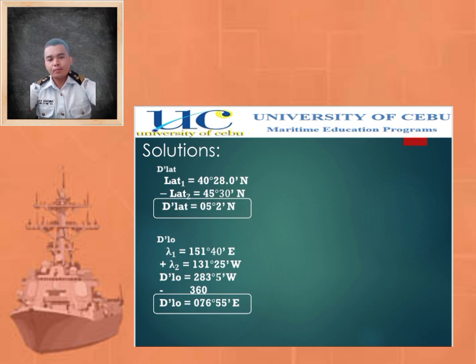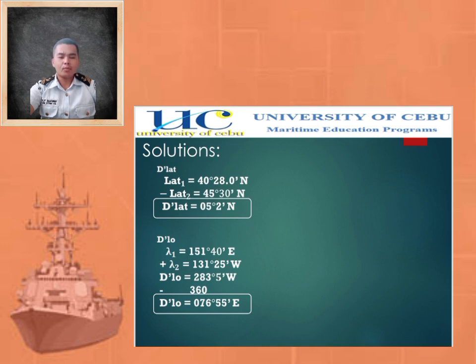Since the D-long is larger than 180 degrees, it is said in the rule that if east or west values are greater than 180 degrees, we need to subtract it from 360 degrees, since the value is located in quadrant 4.